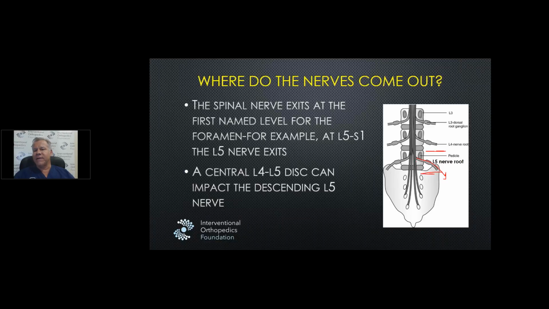But recognize that the L5 nerve root comes up centrally this way, so a central L4-5 disc can cause problems in the L5 nerve root. So if we saw a patient with an L5 problem, it would be either a central disc at L4-5 or a disc in this area at L5-S1, further out laterally.